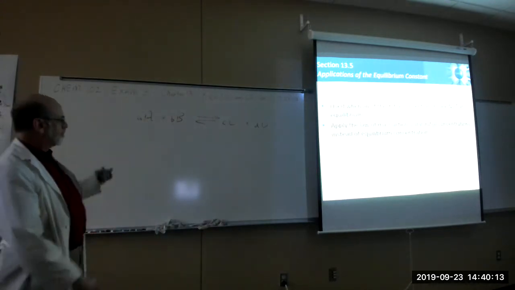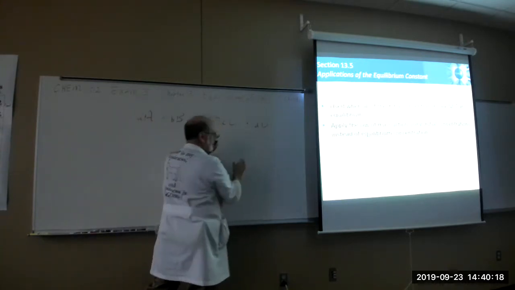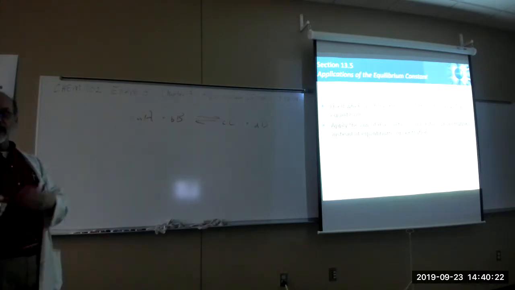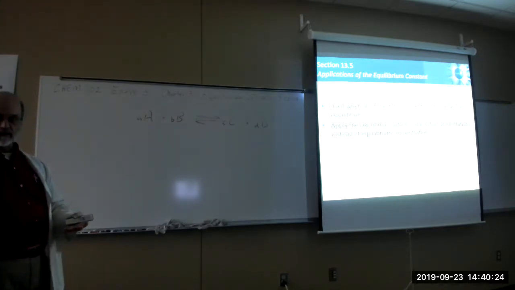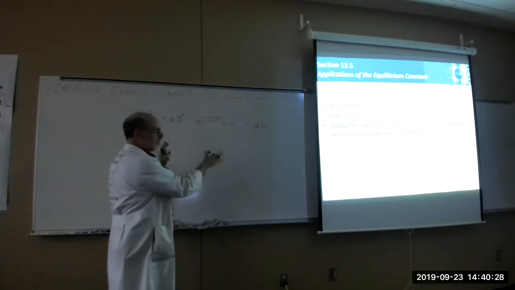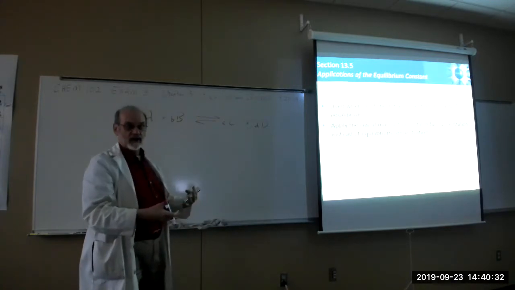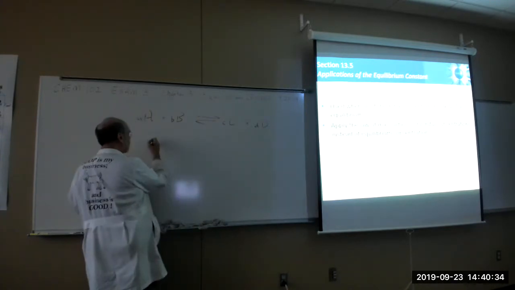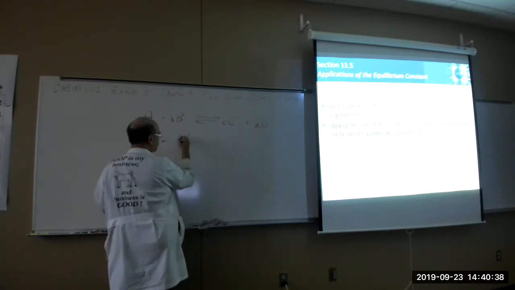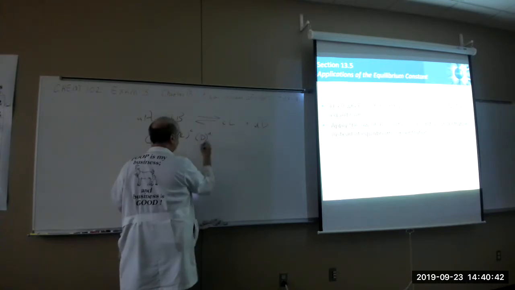But what if we're given a concentration of A, B, and C, D? Then how do you tell which way it's going? We calculate what we call the Q value. So we treat the concentrations that we're given in the same way we would an equilibrium expression, only instead of a K, it's a Q. So we'll have a concentration of C to the C power and D to the D power.